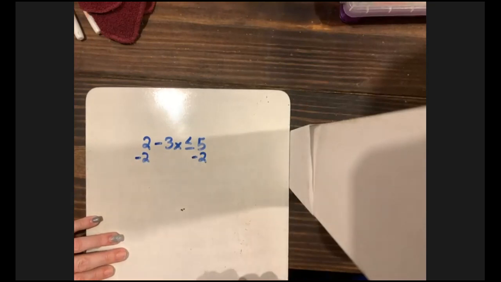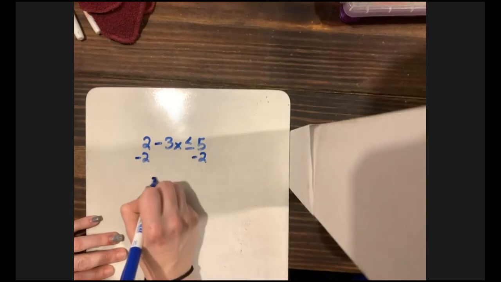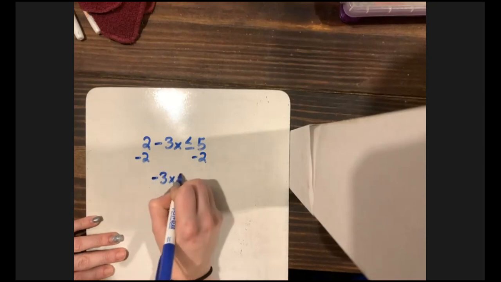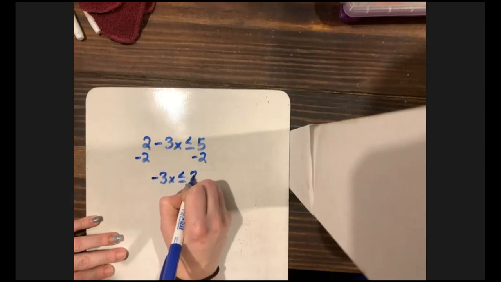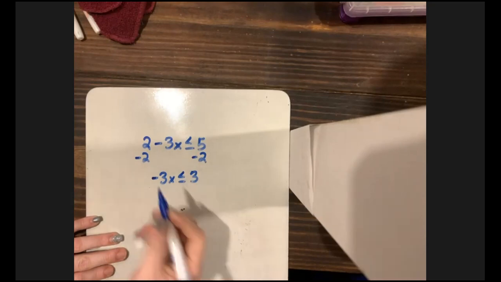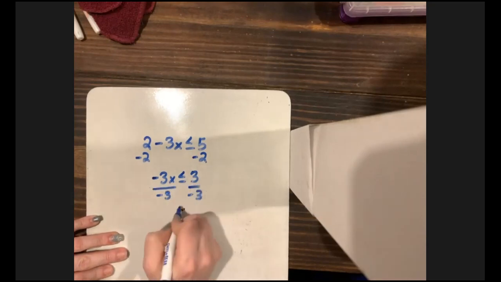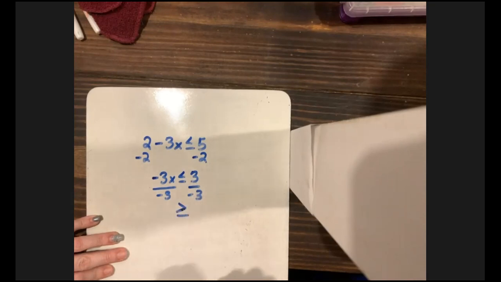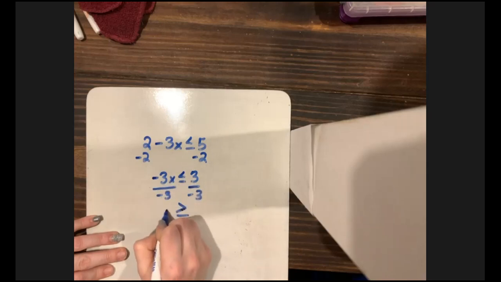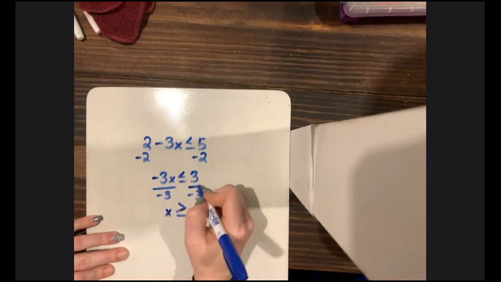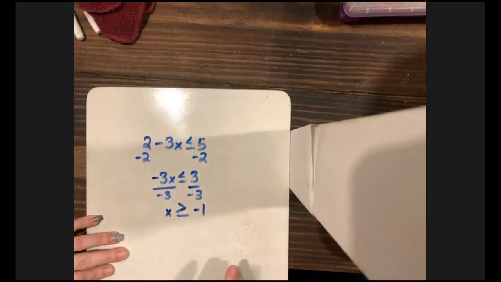So I'm going to subtract 2 from both sides. So it's going to be -3x is less than or equal to 3. Then I'm going to divide by -3 on both sides. And before I do anything else, I'm going to take that symbol and switch it to the other direction. That's now going to give me an x. 3 divided by -3 is going to be -1.